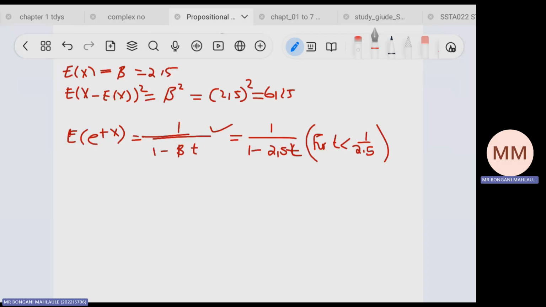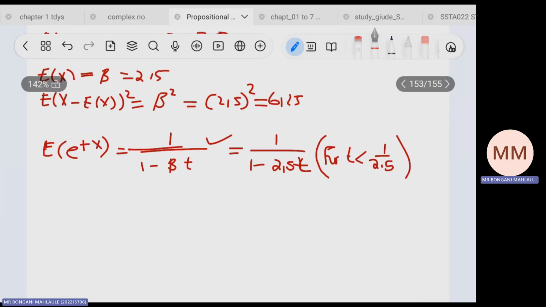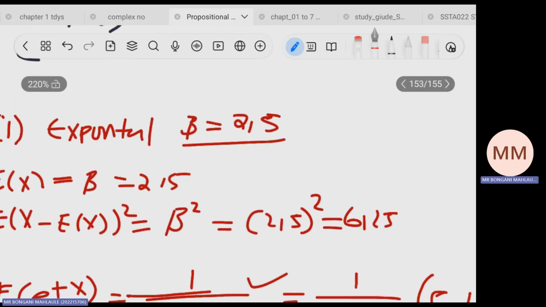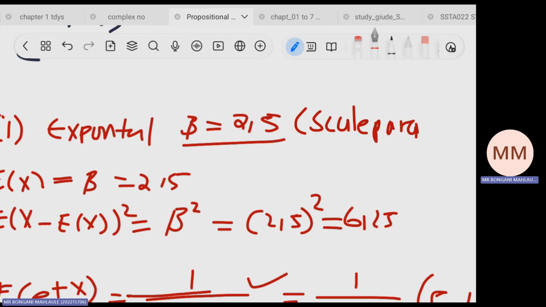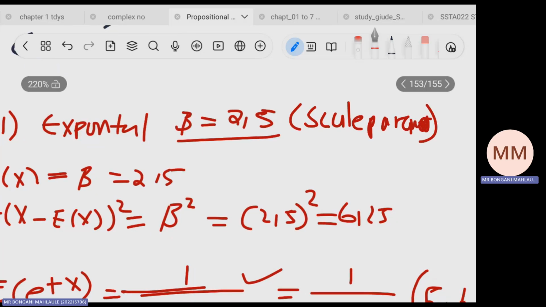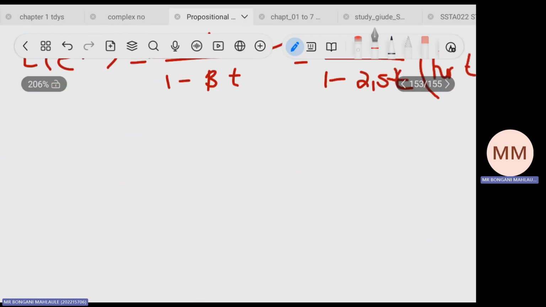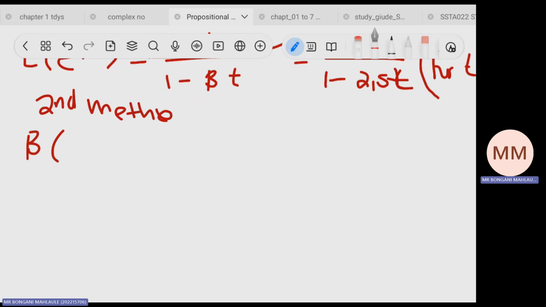So we also have another way of doing this. The first was when beta is the scale parameter. I'll also check on the textbook, and this second method is when beta is a rate parameter, not the scale parameter.